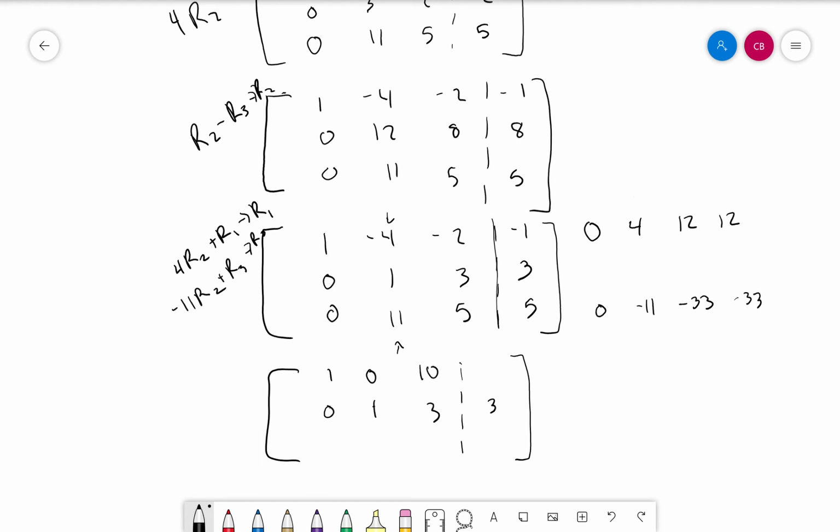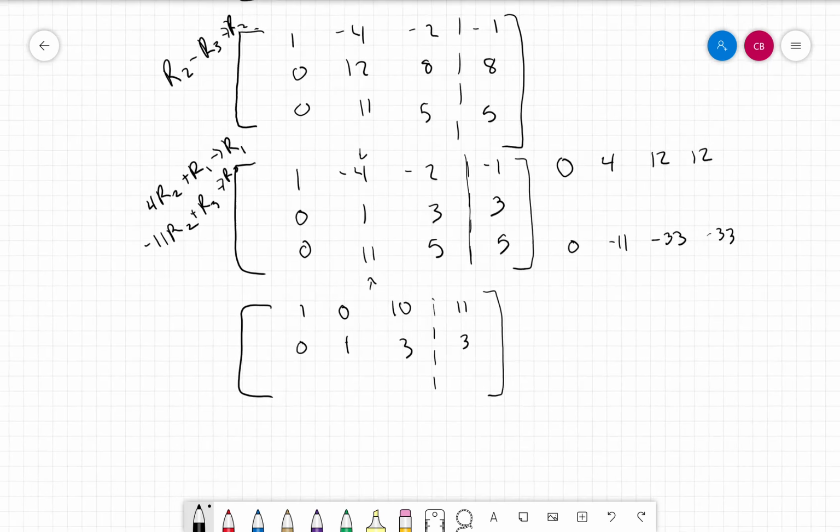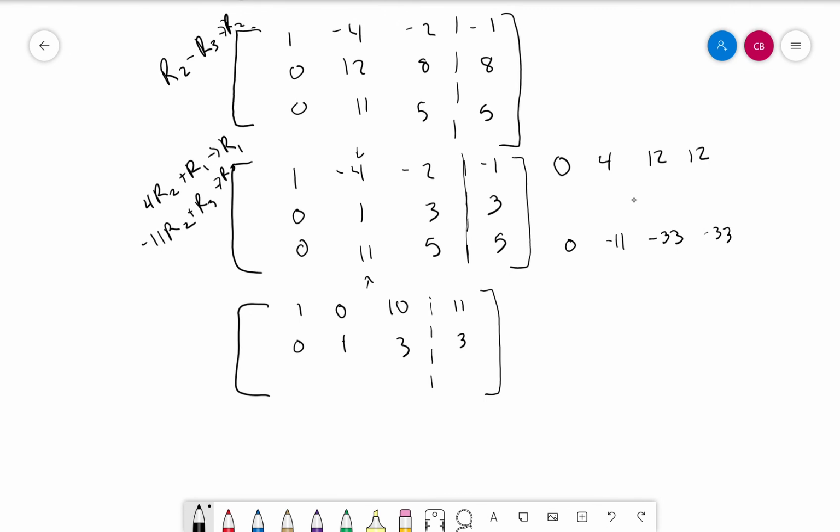And 12 and negative 1, that's 11. And 0 and 0, that's 0. 11 and negative 11 is 0. Negative 33 and 5 is negative 27.